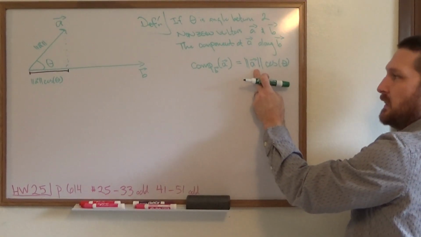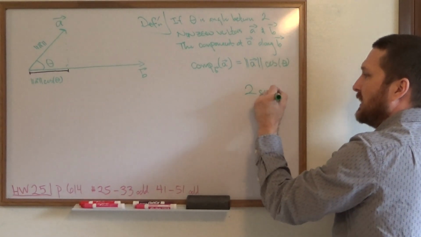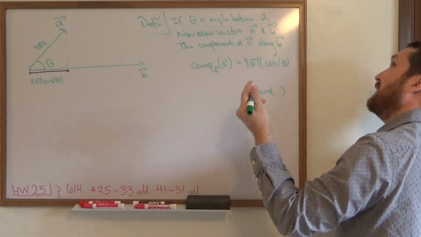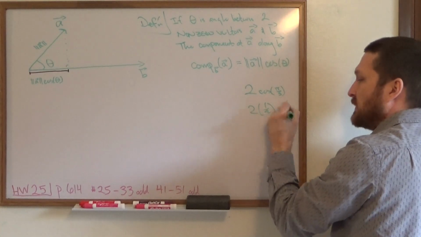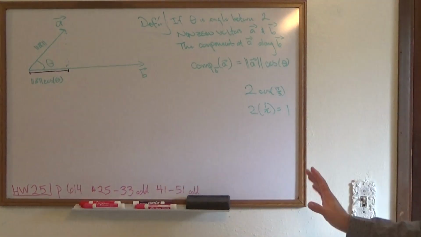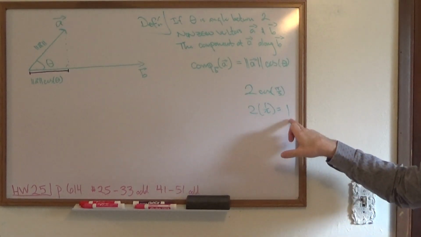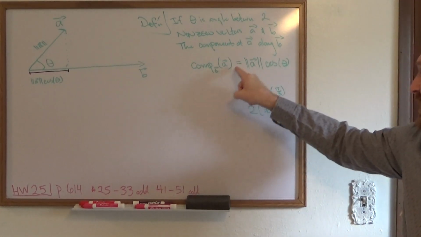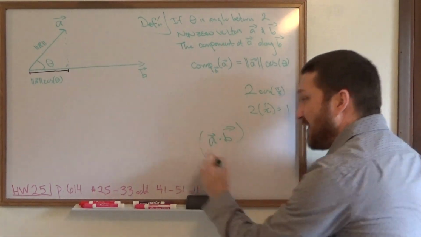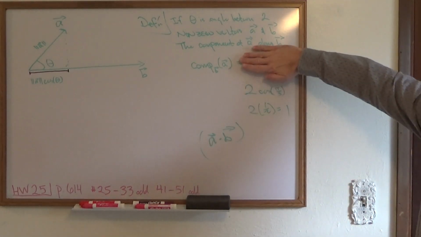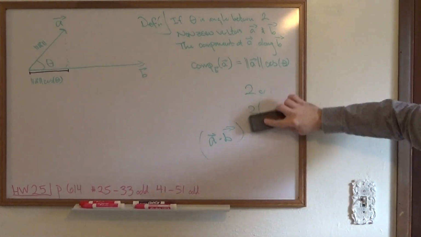If I take the magnitude of something, that's just some number, let's say 2, and then cosine theta, and maybe theta is pi over 3, then this would be 2 times a half. It would just be 1. There's no direction involved, although you happen to know that it is in the direction of B. The same way as when you see something like A dot B, you know that that thing right there is a scalar. That thing right there is also a scalar. So that's important to keep in mind.